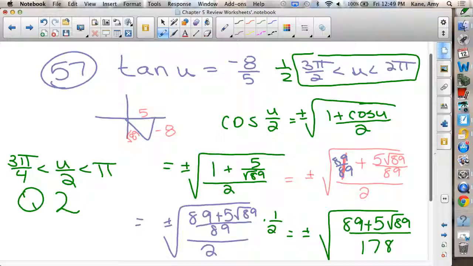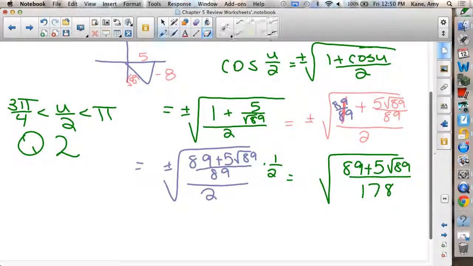And then the last thing that you need to ask yourself, now that I know where it's located, is whether we're dealing with sine or cosine. So if I'm finding the cosine, in the second quadrant is cosine positive or negative? Negative. If I was finding the sine, it's positive. So the sine would be a positive value because sine is positive in the second quadrant, but cosine is negative.